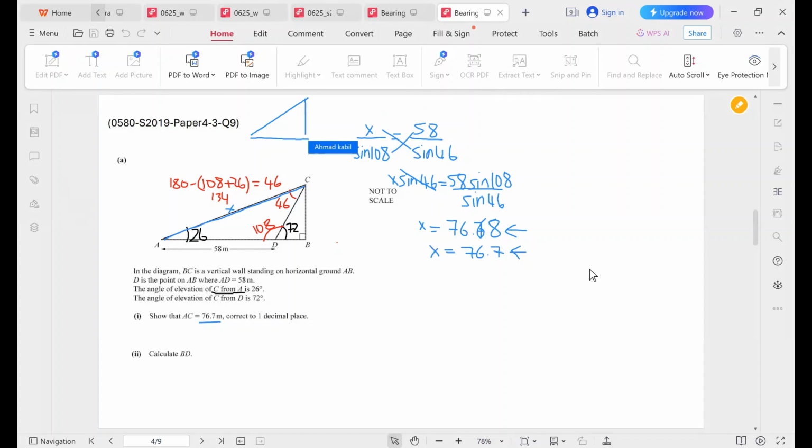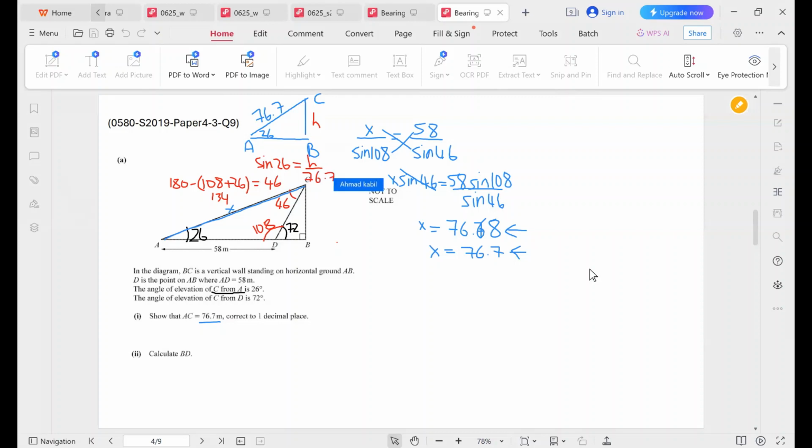If we look at triangle ABC, we now have the hypotenuse, which is 76.7. And we have this angle here, which is 26. So can we get the height? Of course we can. Because sine 26 equals opposite over hypotenuse.